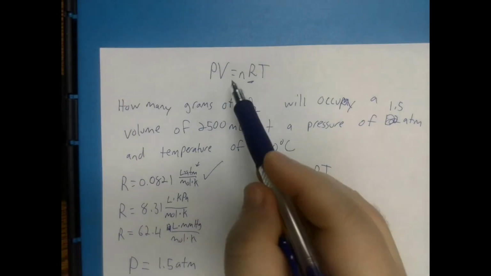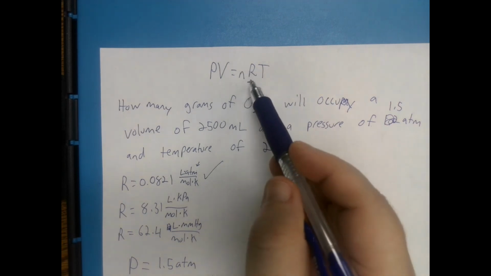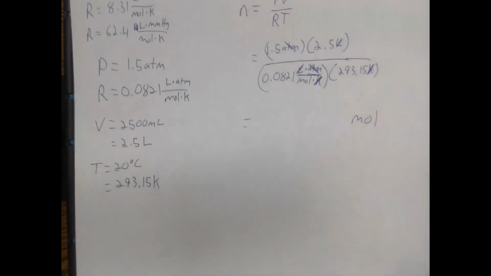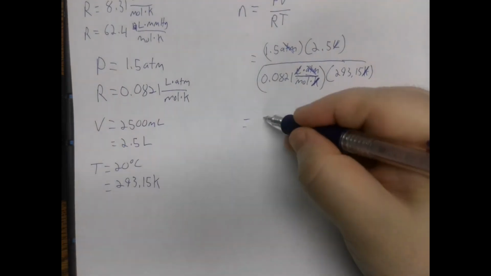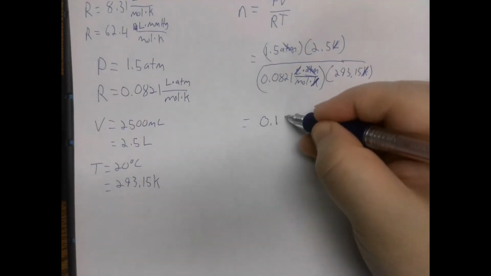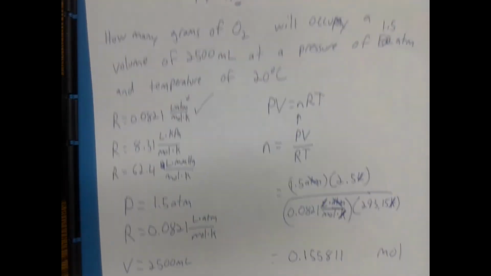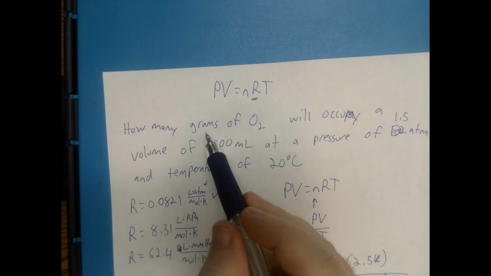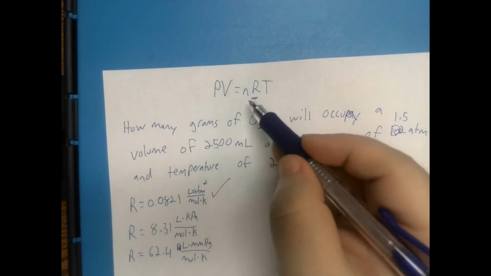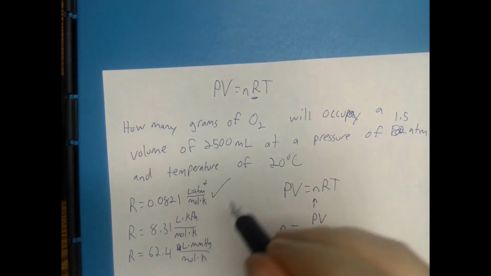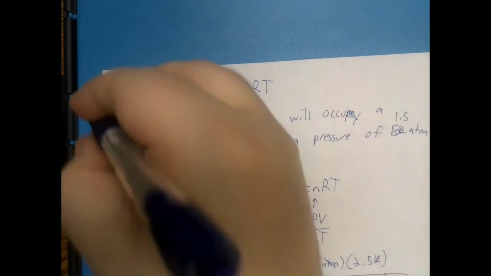So if you use this equation, we use R because there's an R in the equation. So in this one, we're trying to solve for grams. The only equation that deals with moles or grams is this one. So the problem doesn't deal with moles or grams. You don't use this equation.